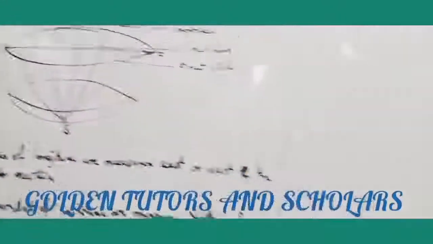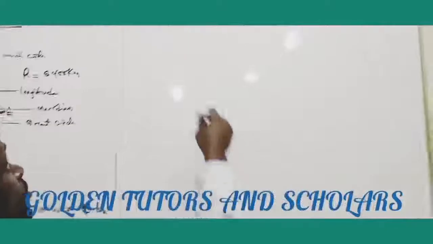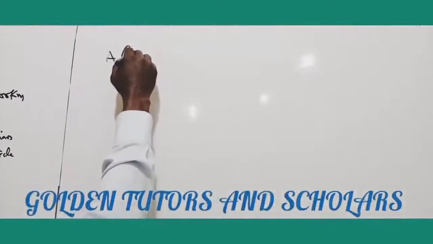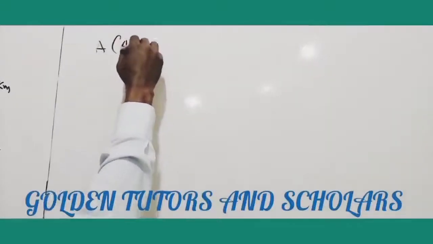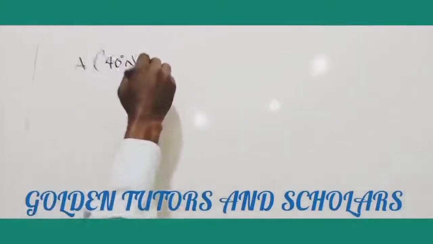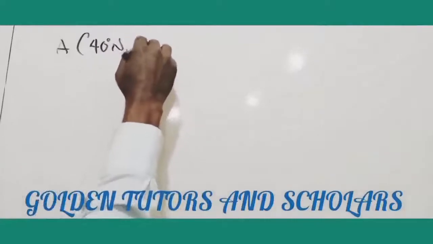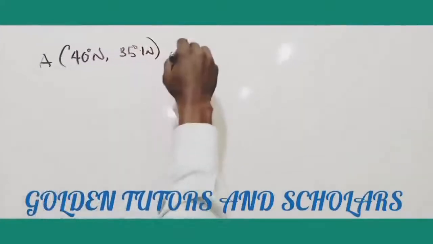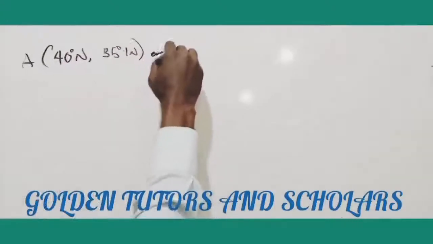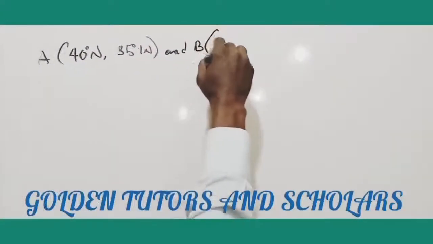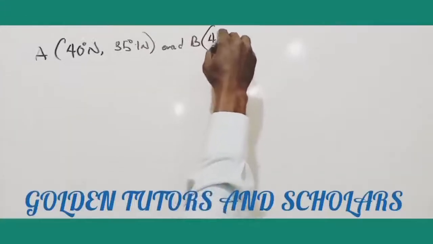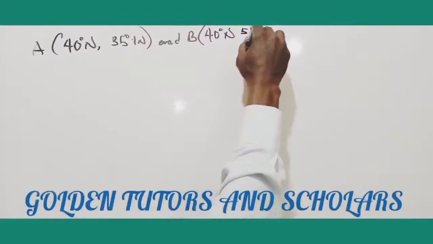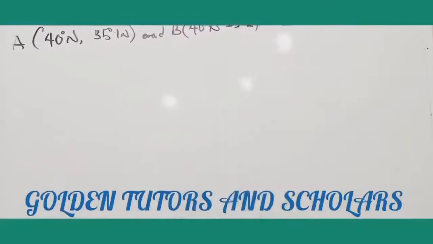Now, let's say, for example, we have two towns. Town A is defined on latitude 40 degrees north, longitude 35 degrees west. And town B is also 40 degrees north, 55 degrees east.